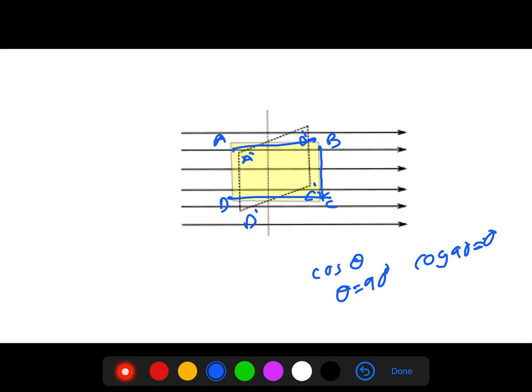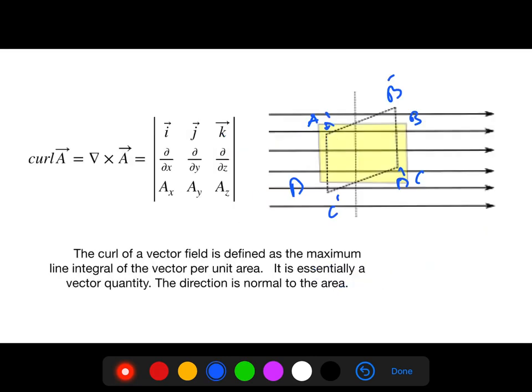Finally, we have learned the curl of a vector field. The curl of a vector field is defined as the maximum line integral of a vector per unit area. It is a vector quantity. The direction is normal to the area.